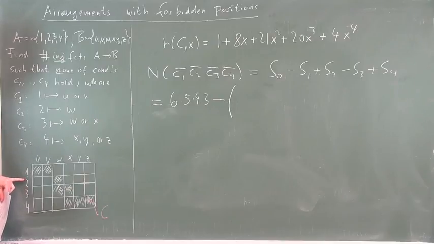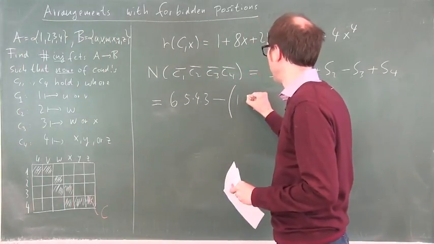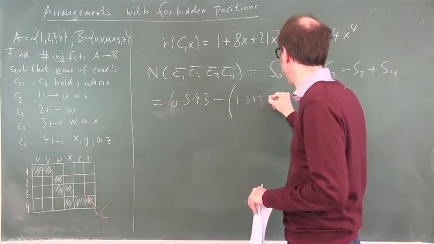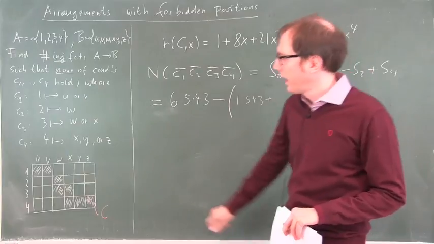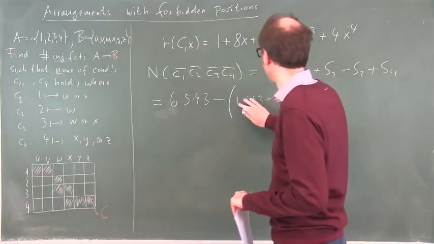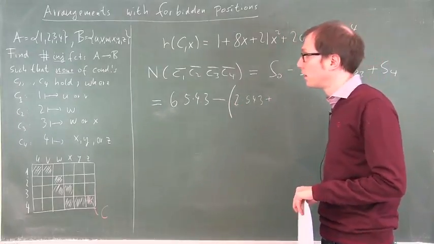Well, for 2 we have now only 5 possibilities because it should be injective. For 3 we have 4, and then we have 3. So it's 1 times 5 times 4 times 3. And now we have one more possibility by putting it here. So in total we have actually 2 times 5 times 4 times 3.